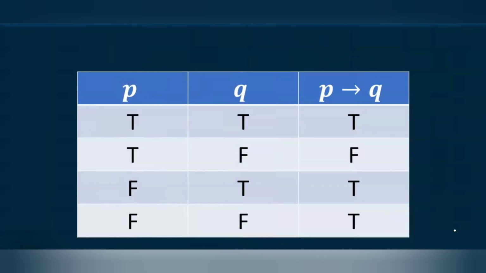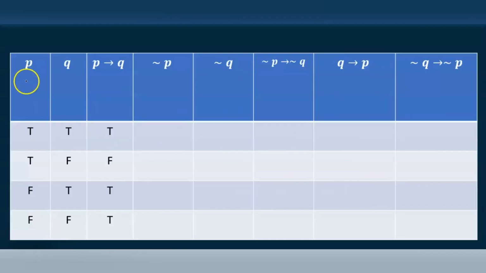Recall that the conditional is false if the premise is true and the conclusion is false. Otherwise, the conditional is considered to be true. This truth table can help us determine the truth values of the different conditionals that we have just identified. We now have a table with columns for P, Q, P implies Q with the corresponding truth values, true, false, true, true.